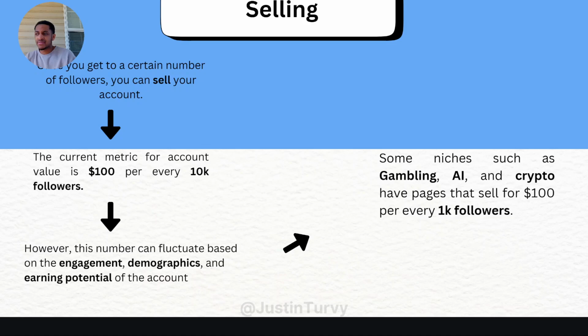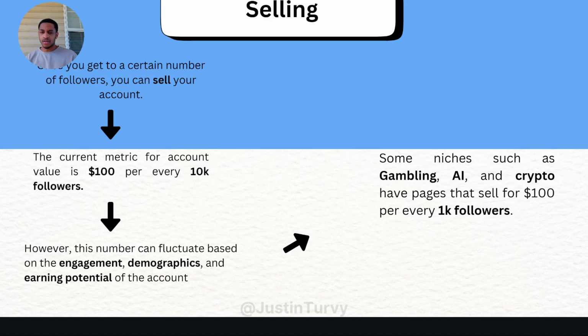So for these accounts, maybe multiply by 1.5 to 2 just because it's profitable, and people will be able to make their money back quickly with these accounts. If you don't have a page that's in this niche, don't worry. You can just go by the standard metric.